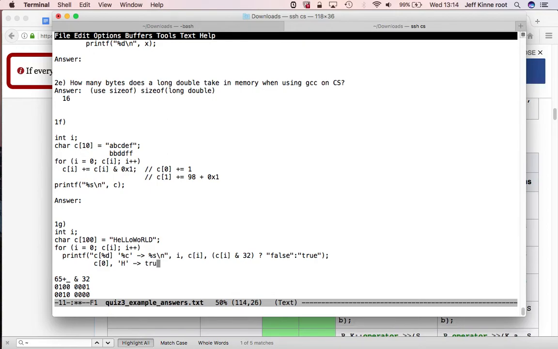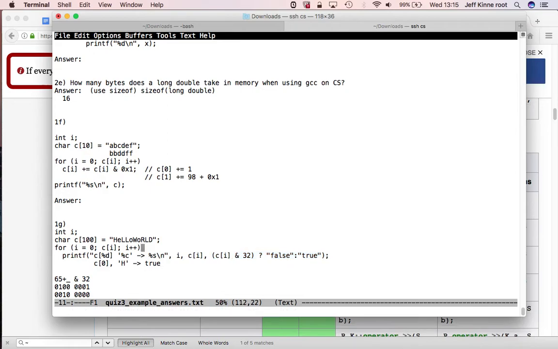Let's see. And that's this whole expression here. You evaluate this expression; if it's true, then the value of the whole expression is the first item. If this expression here is false, then the value of the whole thing is the second part, true.